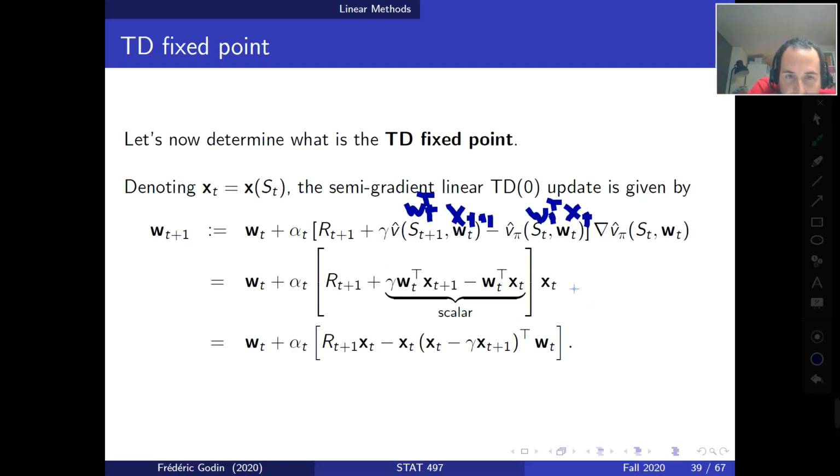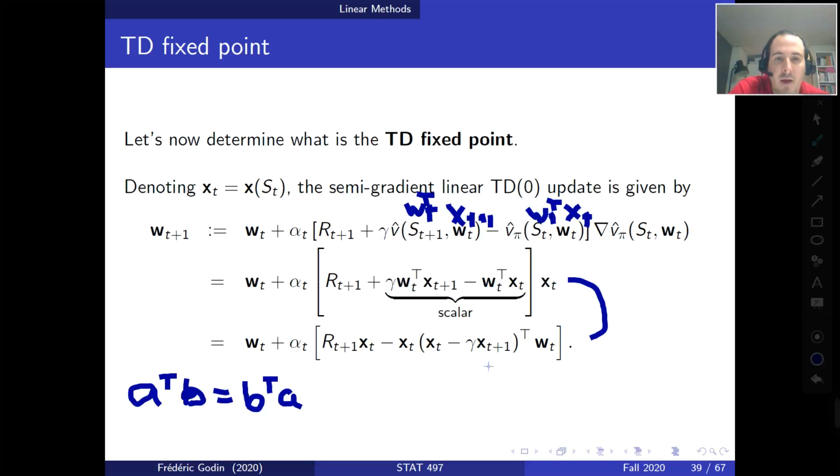Then to go from the second to the third line, we notice the following. The first thing we can notice is that when A and B are column vectors, A transpose B is equal to B transpose A. So we can apply the same rule and say that w transpose x is x transpose w.